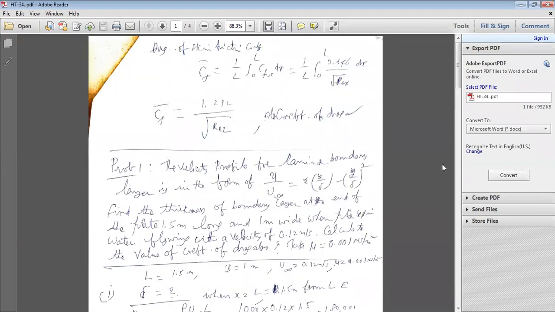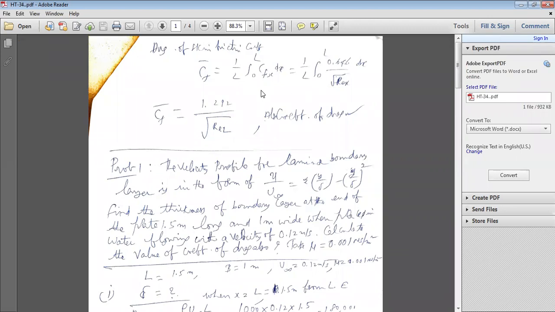Based on the boundary thickness, we have found the equation for shear stress tau. And after that, tau by half rho u free stream square is equal to 0.646 divided by square root of Rex.